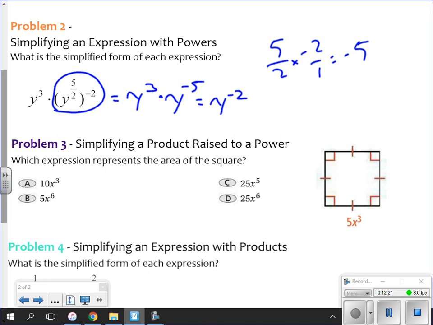No. 90% of the time when the teacher asks, am I finished, they're not. I'm not allowed to have a negative exponent. What do my rules say about negative exponents? I put it in the denominator and make it a positive exponent. My rules say that is 1 over y squared. And that's my answer.